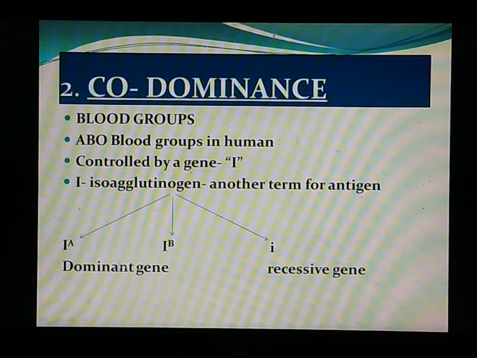So here you can see that it is mentioned capital IA, capital IB, indicating that for A and B blood group, this gene is the dominant one, whereas i, that is O blood group, is the recessive gene. Okay, so in the blood groups A and B are the dominant ones and O blood group is the recessive one. So that's why we see that O blood group is very rare in the human population.